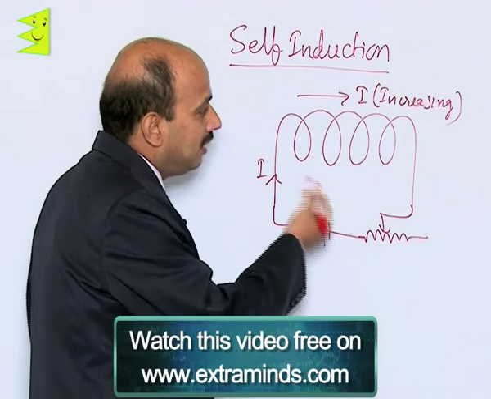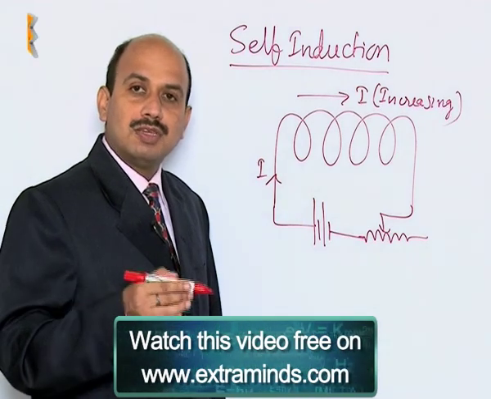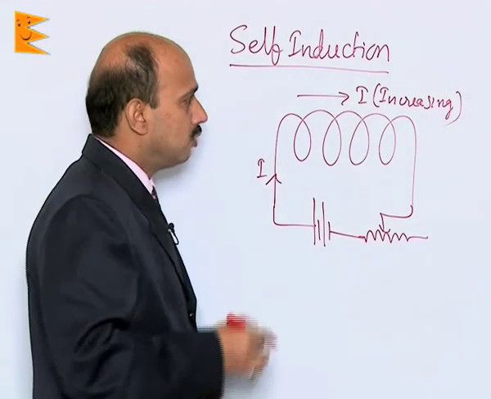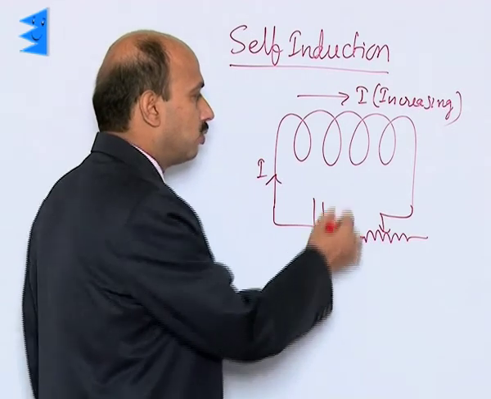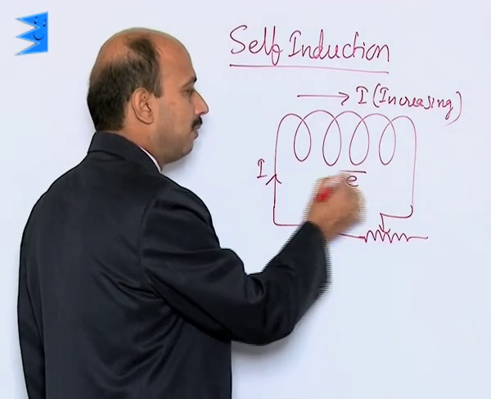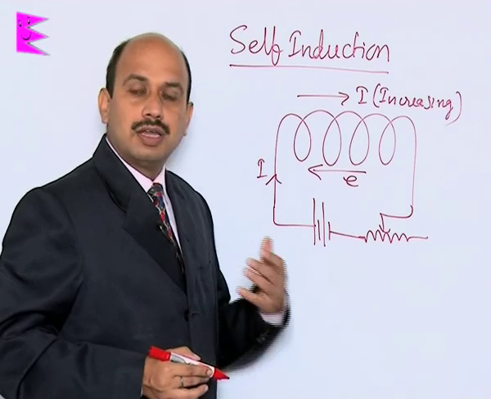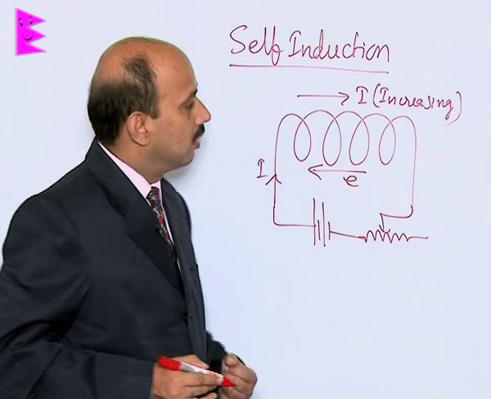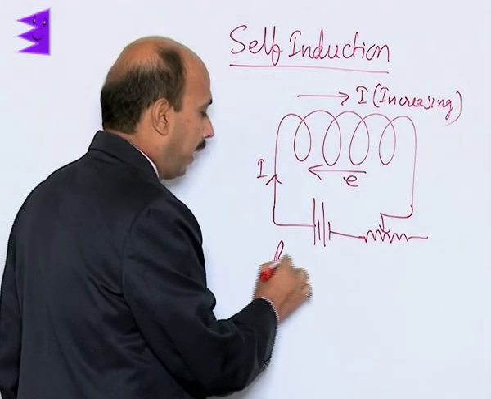Whatever EMF is induced, it is induced in such a way that it opposes its cause of production. So if the current is increasing, the direction of the induced EMF is such that it opposes the increase of the magnetic flux. And this induced EMF is also known as back EMF.